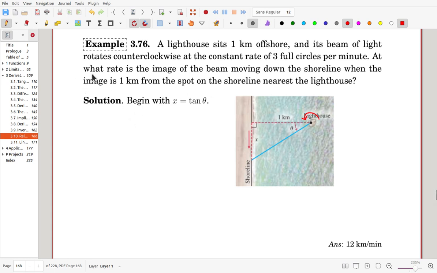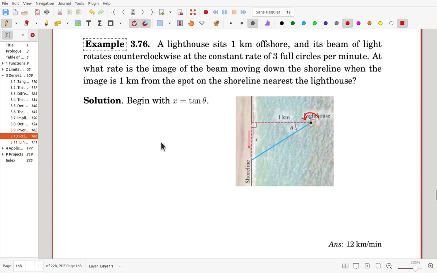Now, at what rate is the image of the beam moving down the shoreline when the image is 1 kilometer from the spot on the shoreline?